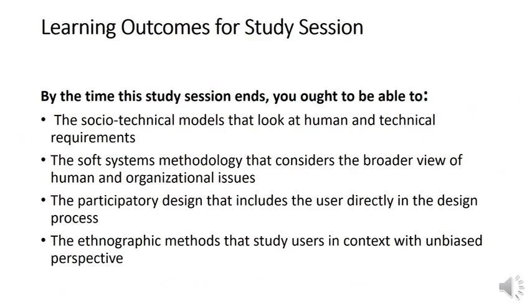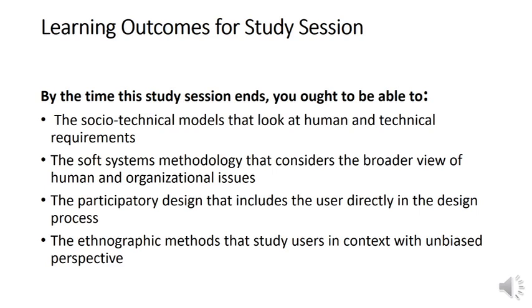But the outcome of this particular class, at the end of it, we expect students to be able to understand the socio-technical model that looks at the human and technical requirements. We also expect them to understand the soft system methodology that considers the broader view of human and organizational issues.